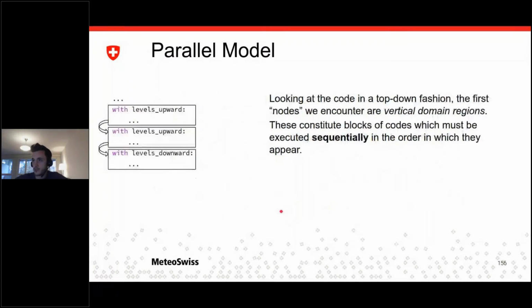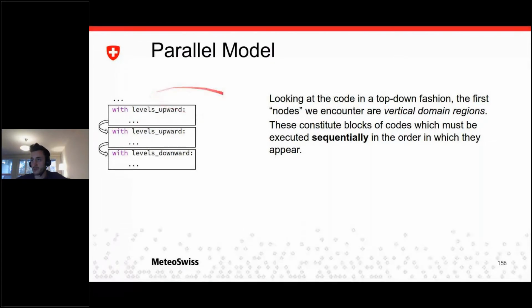Okay, I will proceed. So let's now go into detail. We will look at some Dask pseudocode from the top, so from the stencil definition to the bottom, so to the statements. So below the stencil definition, you have these vertical regions in which you specify the order of iteration.